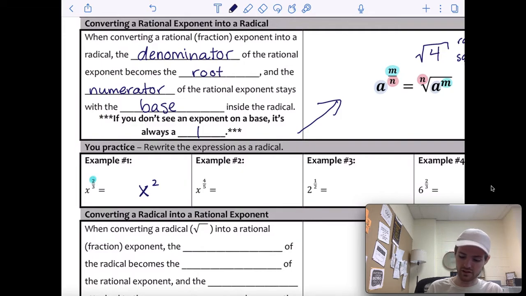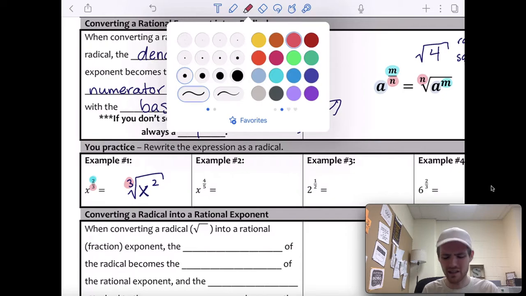The only other thing we need to do here is put this symbol around it and put a 3 over here. According to my colors, I should make this 3 this salmon-y, pinkish, orangey color.